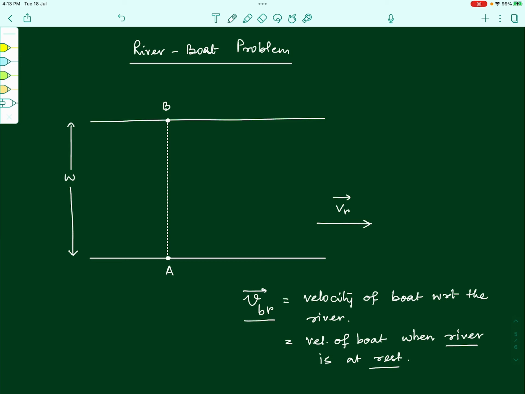So let's say you row the boat, you want to move towards B, so you row your boat towards B. This is the velocity of the boat with respect to the river, from A to B. But this is the direction in which your boat will move if the river is still, isn't it? But now if the river is also flowing, can we say that the river's flow will also take the boat along with itself?